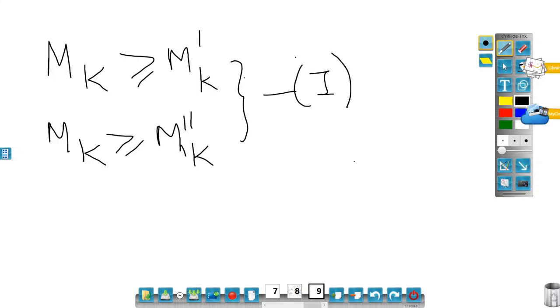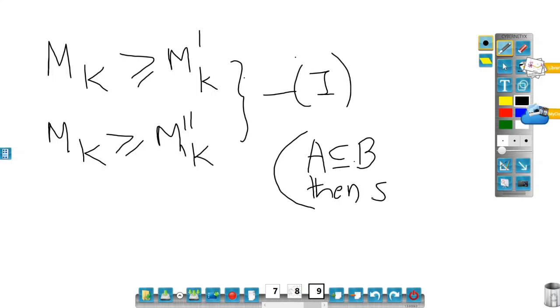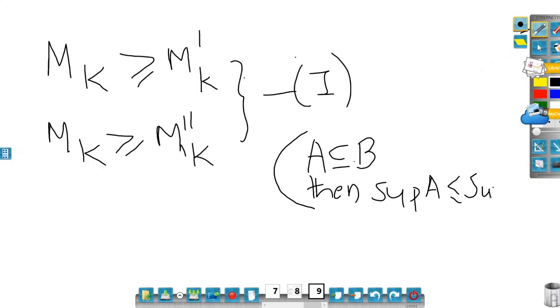To understand this in a better way, I will ask you to do one small exercise. If you have two sets, finite sets, which are bounded above, meaning they have a supremum, and if A is a subset of B, where A and B are bounded above sets, then the supremum of A is less than or equal to the supremum of B. This is the result.